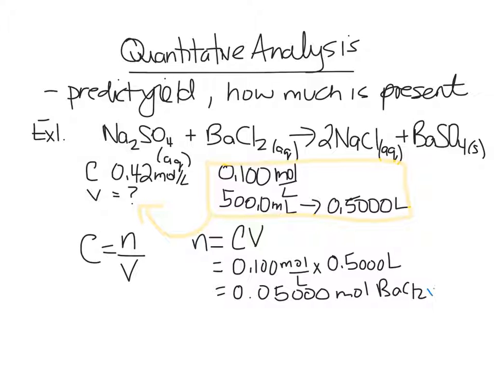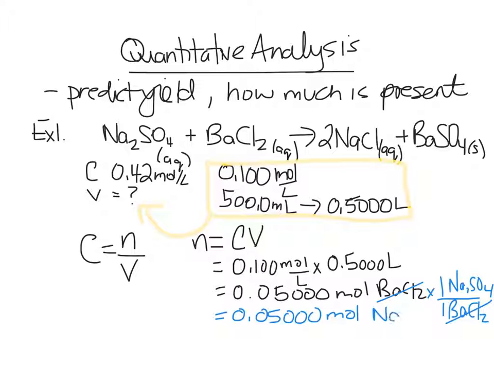So multiply it by the mole ratio. There's 1 sodium sulfate required for every 1 barium chloride. So we have 0.05 moles of sodium sulfate.